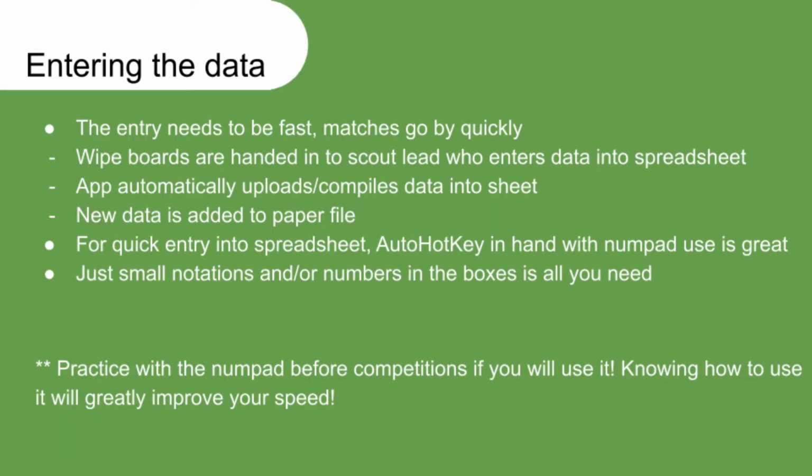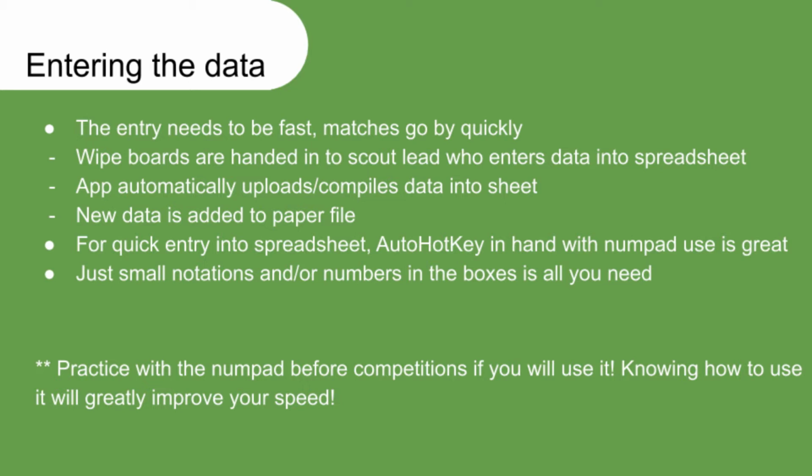So you have your spreadsheet set up, and you're at the competition. How do you enter the data? This will definitely vary for the different methods of scouting you use, like paper and pencil, or an app that all the scouts have on a tablet. But for this, my viewpoint is from a laminated piece of paper to the computer, where someone enters it in.